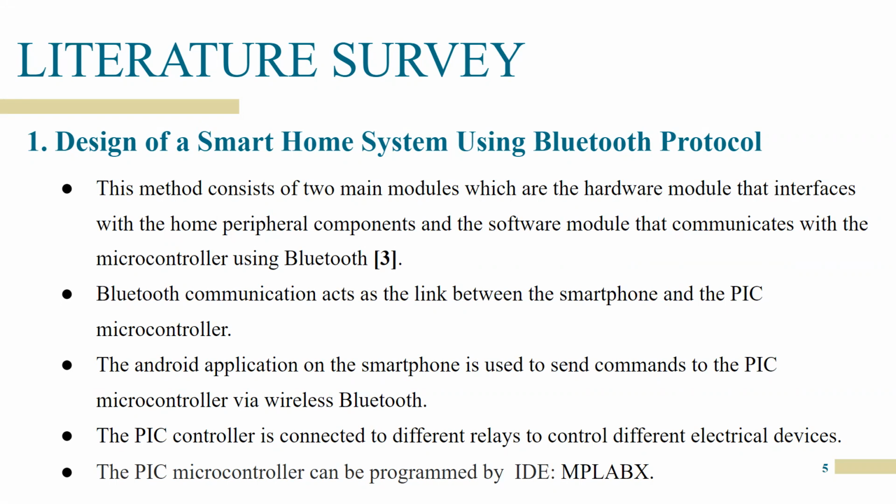So this is how the architecture is divided. This method operates with the help of Bluetooth communication, which links our smartphone, used to control the home appliances, to the microcontroller.